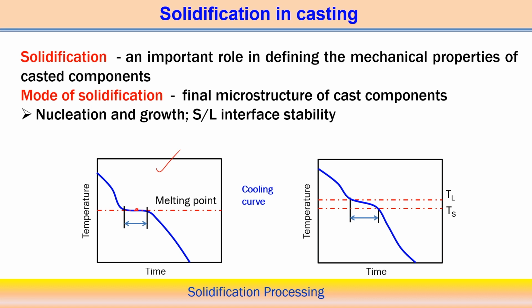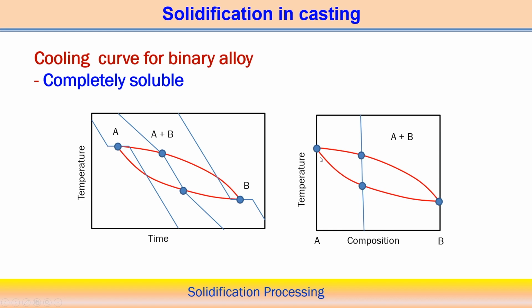But if it is an alloy system, then we observe that solidification occurs over a range of temperature, between the liquidus and solidus temperature, and there is some slope between these two. That slope exists, and it also happens over a certain period of time. It means that solidification takes some period, over which there is a change of phase from the liquid phase to the solid phase.